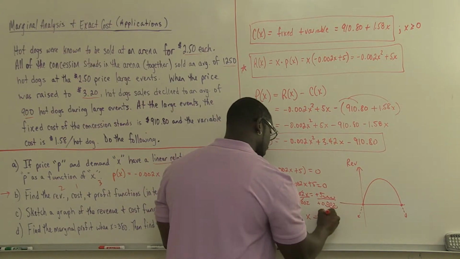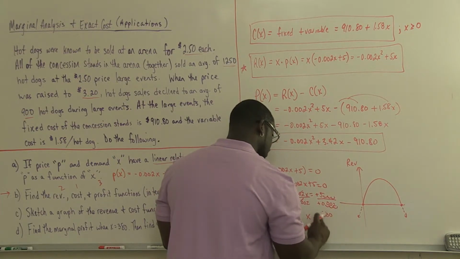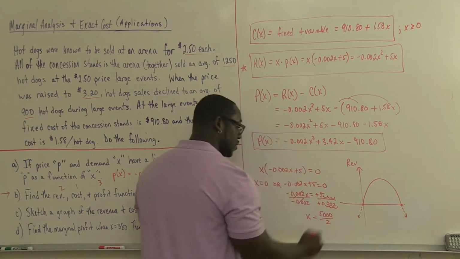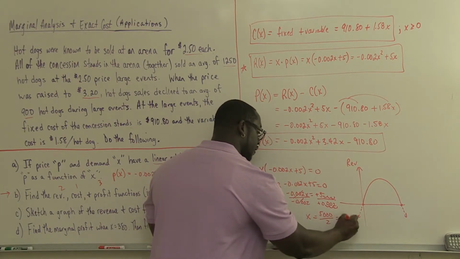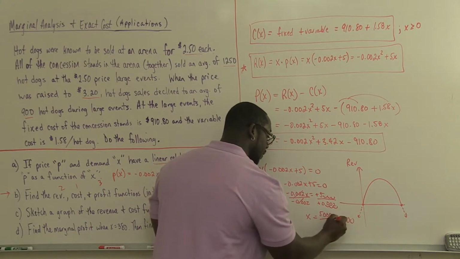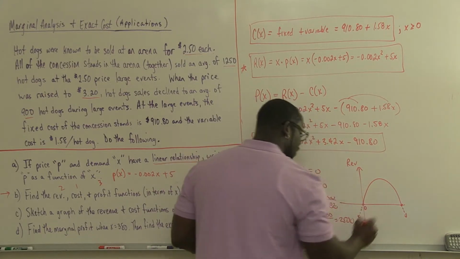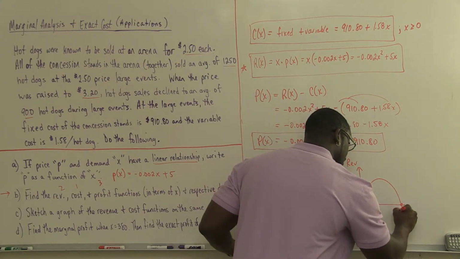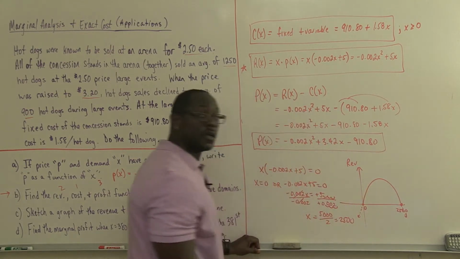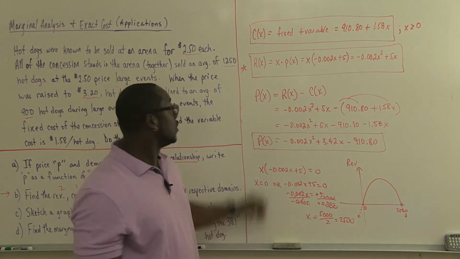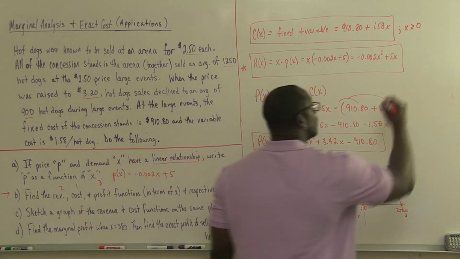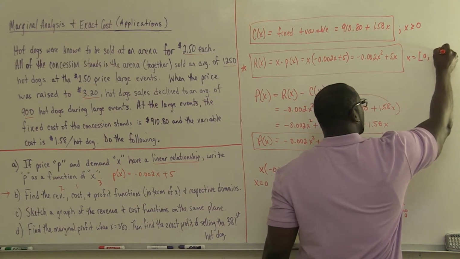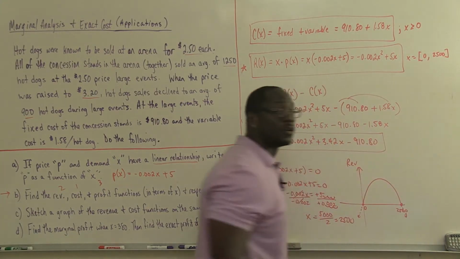So that would be 5,000 divided by 2, which is 2,500. So here quantity would be 0 there, and at our next intercept, that quantity would be 2,500. So our domain for our revenue would be x values that are in between 0 and 2,500.